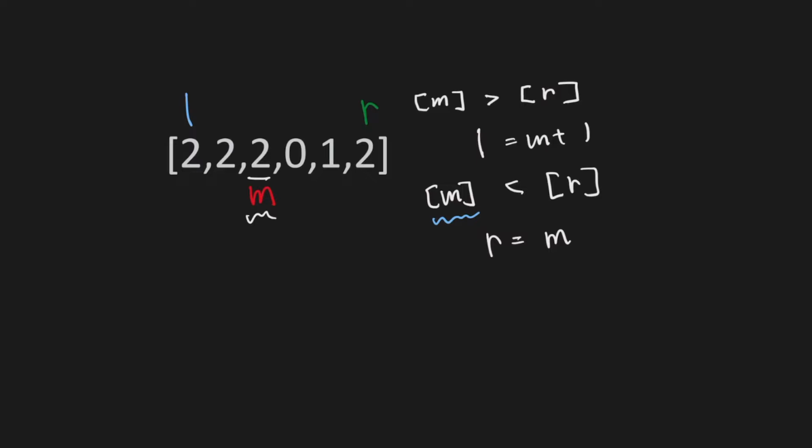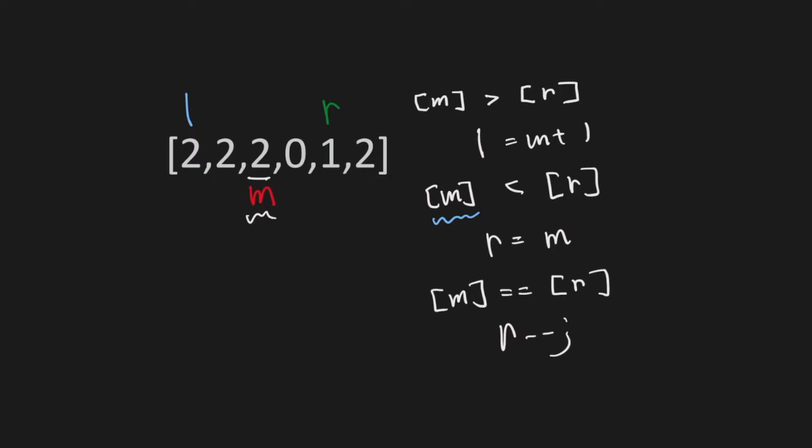So we are going to move the right pointer, decrementing it by 1, when the value at the right pointer and the midpoint are the same. So this moves here, and let's do the next operation.